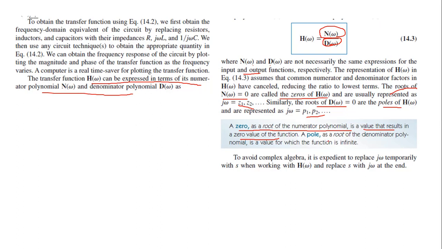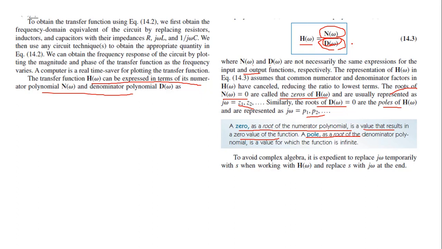Similarly, a pole is a root of the denominator polynomial, a value for which the function is infinite. How do we find zeros and poles? Equate the numerator to 0 and you will find the roots. If you substitute those zeros in the numerator polynomial, H of omega becomes 0, right?